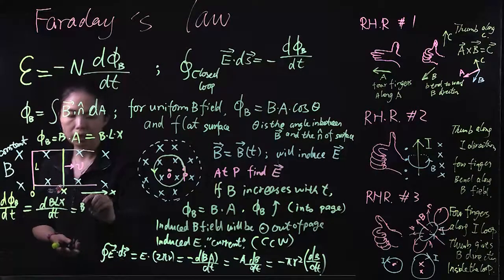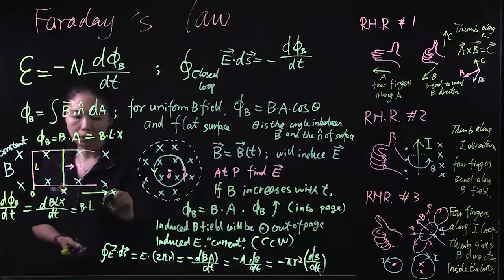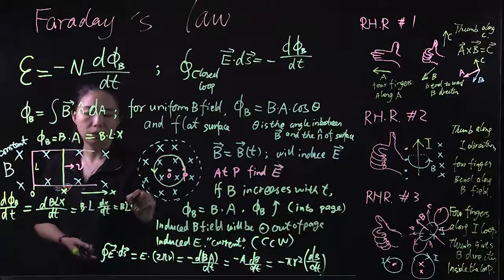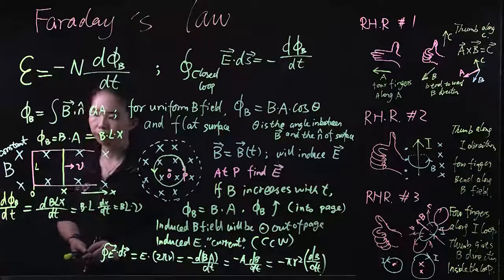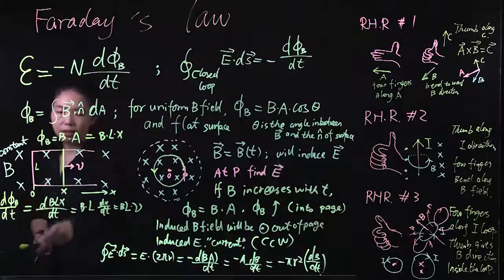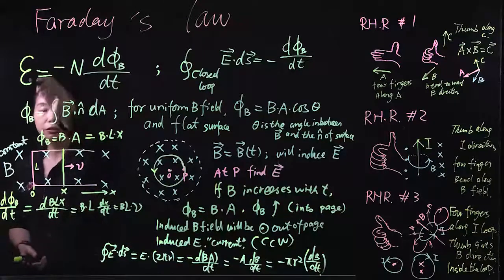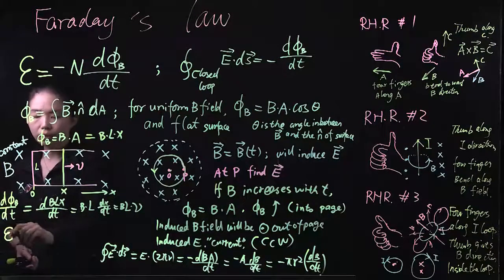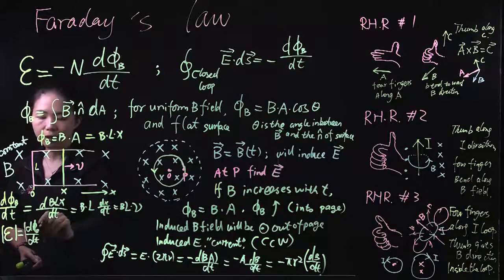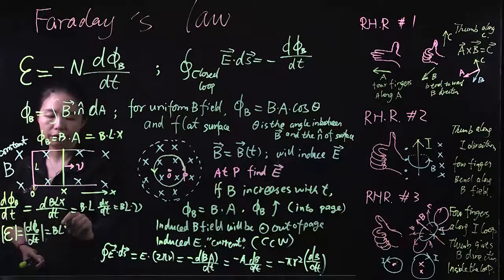So we have B, L, and dx dt, which is B, L multiplied by the speed, the velocity v. Okay, that's d phi B dt, and that's going to be equal to the amount of EMF induced inside. The absolute value of the EMF equals the absolute value of d phi B dt, which is equal to BLv.